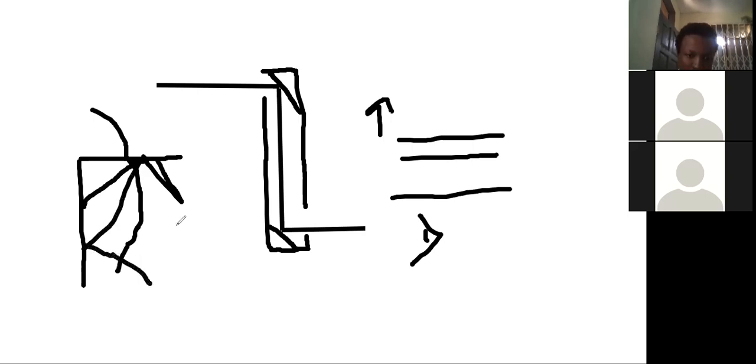It will also reflect here. And so the observer, this will be the observer, and the observer will see the image from here.